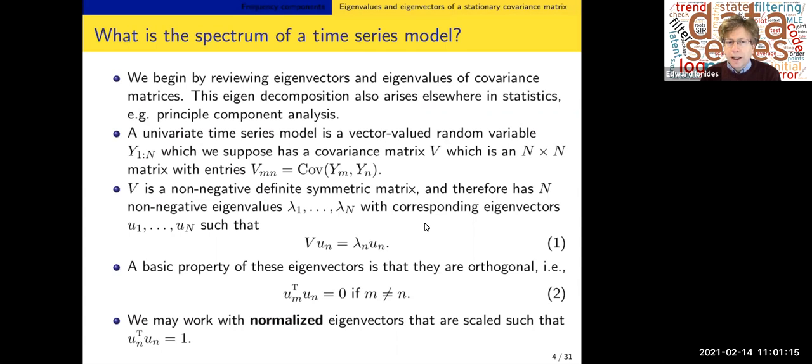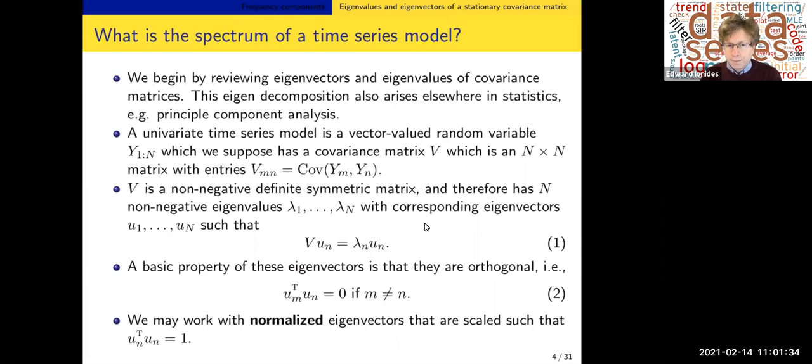And so we know it has n non-negative eigenvalues, which we call lambda1 through lambda n. And then it has corresponding eigenvectors u1 through un, such that V un is lambda n un. That's the definition of eigenvector eigenvalue pairs.